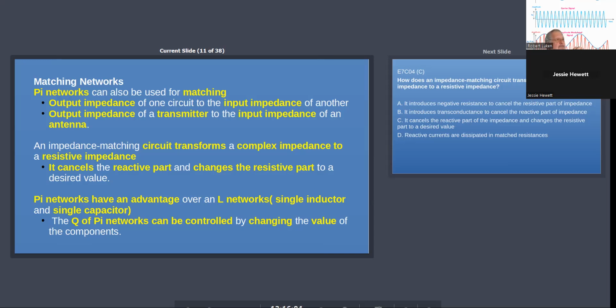And if you go online, you can find calculators for a pi matching network, and one of the things you plug in is what Q you want. So you want a Q of 3 or 4, and then some other things, and it will calculate the parameters to give you the impedance match, assuming you know what the impedance is you're trying to match.